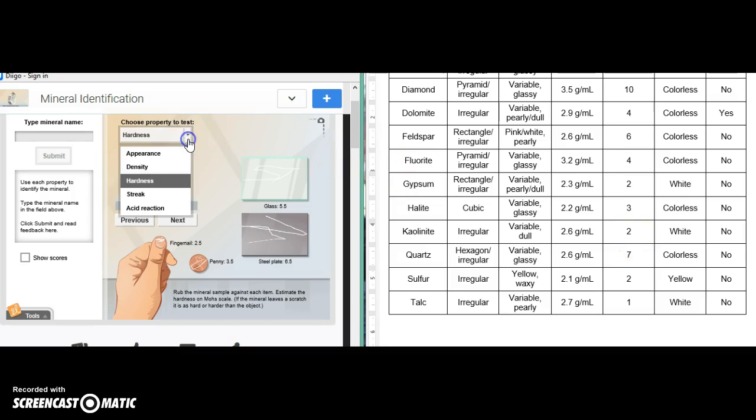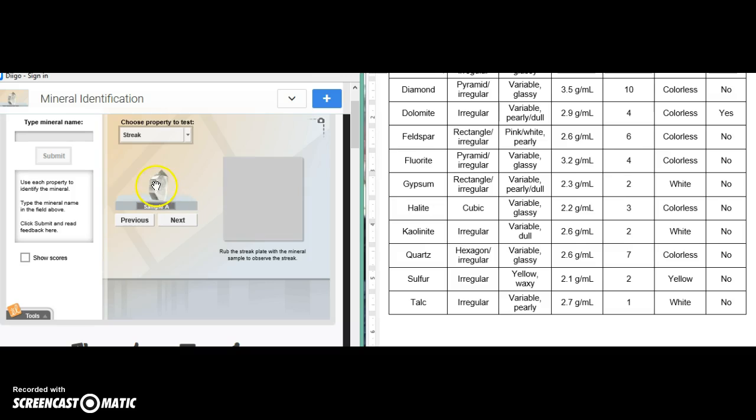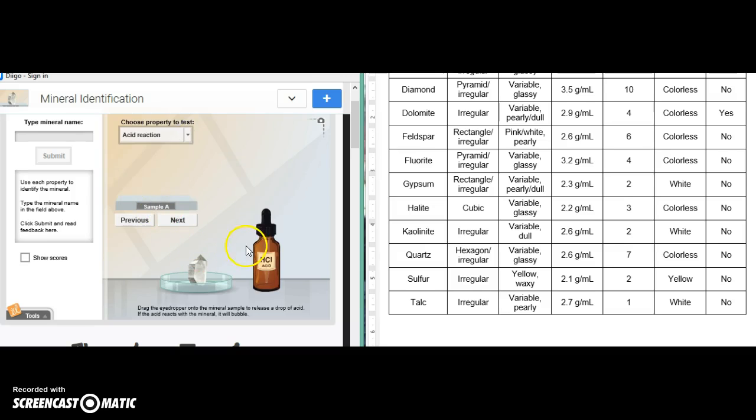The next thing is, does it leave behind residue when you streak it? Everything does, but this one's colorless. So colorless, you look over here, we're getting close. We might be having quartz here. And does it fizz in hydrochloric acid? That means when you add this acid to it, does it fizz?